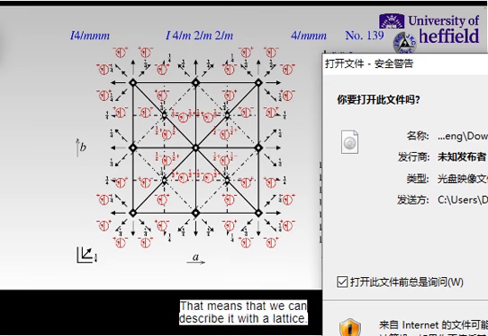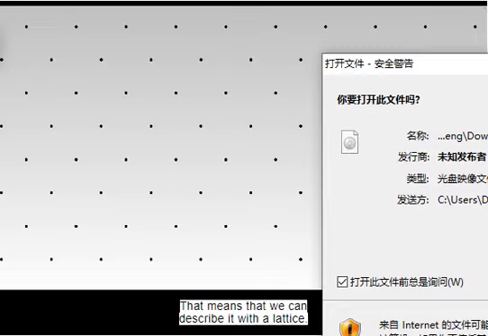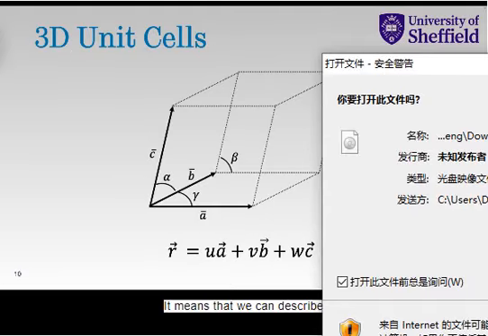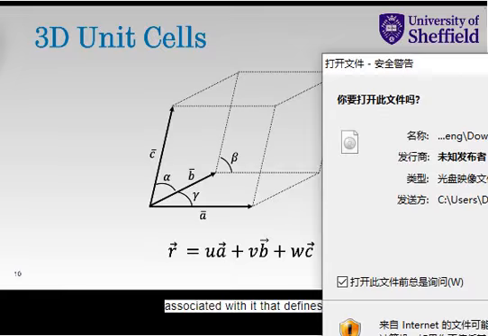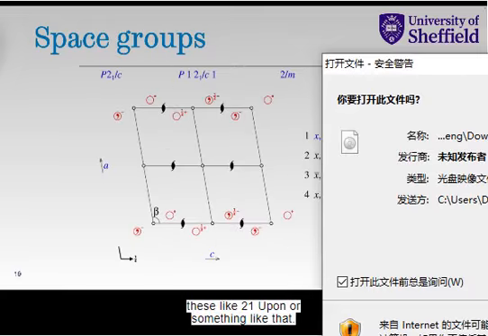And that means that we can describe it with a lattice. It means that we can describe it with a 3D unit cell. And that 3D unit cell will have some sort of space group associated with it that defines the symmetry elements that we observe within it. So it might be something like P21/c, or something like that.